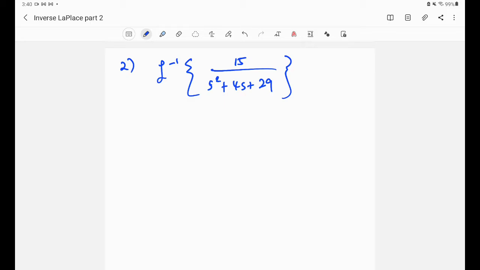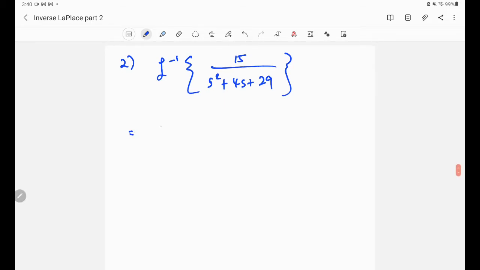So you need to fix that. One way to fix that is we can rearrange the denominator so it looks like this. So we have broken 29 into 25 and 4, and we have factorized the 4 to become (s plus 2) squared, and then the 25 we leave as is.